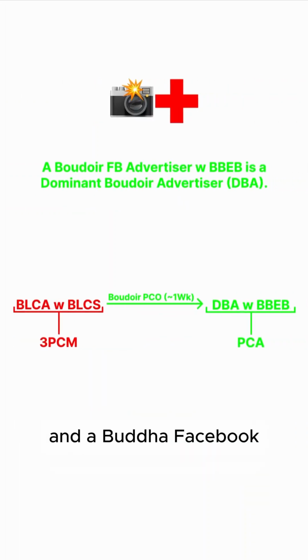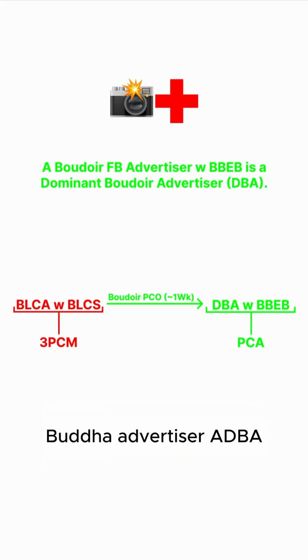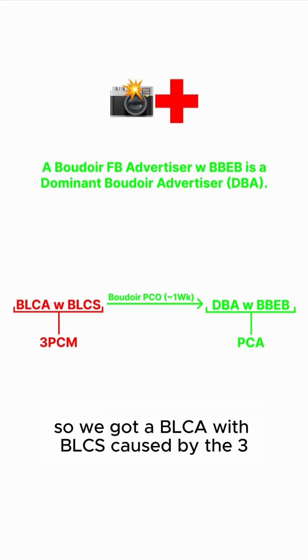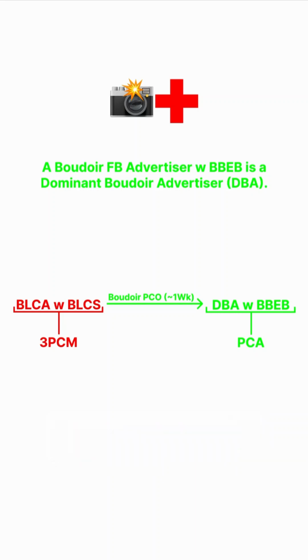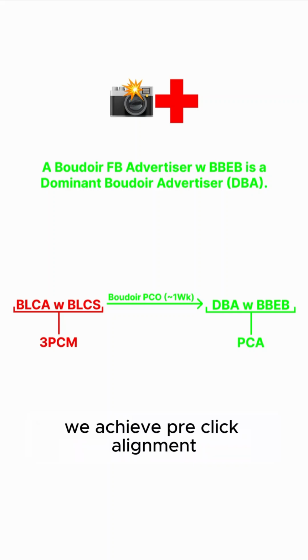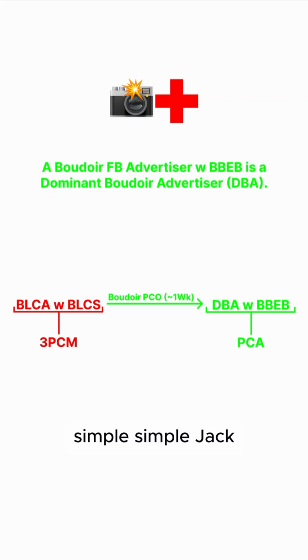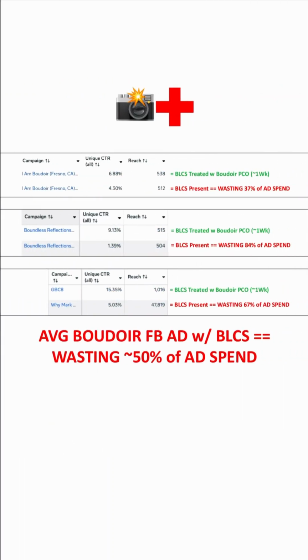And a Boudoir Facebook advertiser with Boudoir brain entry boost is a dominant Boudoir advertiser, ADBA. So we have a BLCA with BLCS caused by the 3 pre-click mistakes. Treat that with Boudoir Pico, it takes about a week, we achieve pre-click alignment, and we become dominant Boudoir advertisers with Boudoir brain entry boost. Simple.